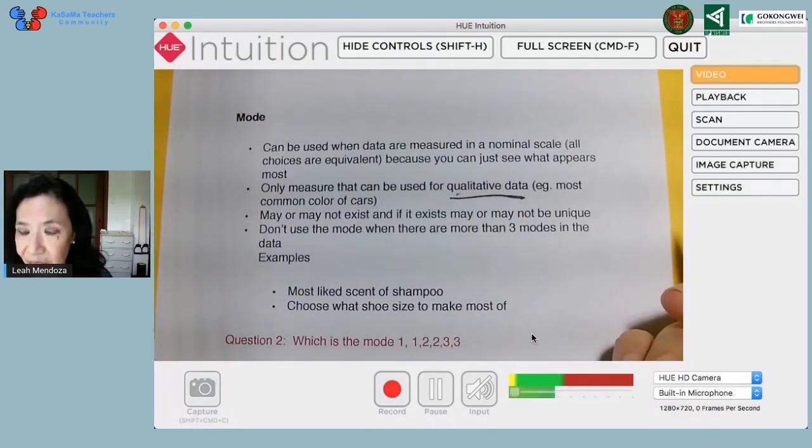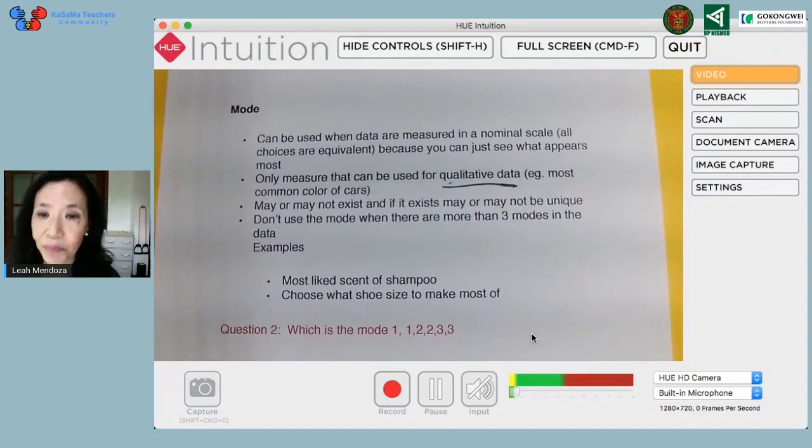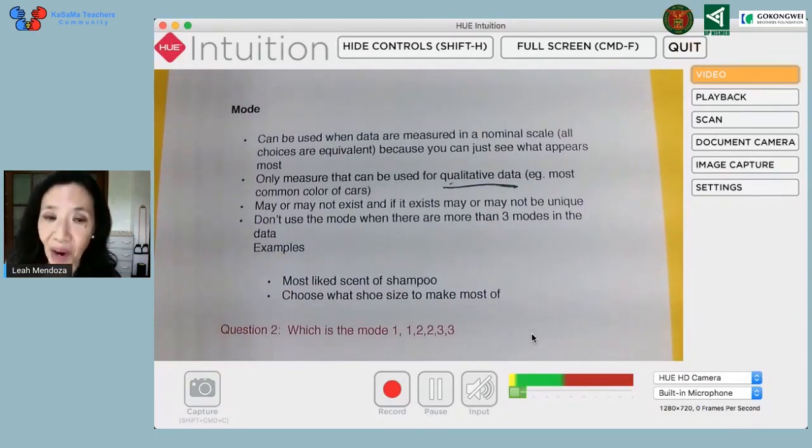So you can even talk about what is the average sport that is played in your school. So the mode can be used. How does that work? You just have to get the sport that is played by the most number of students.